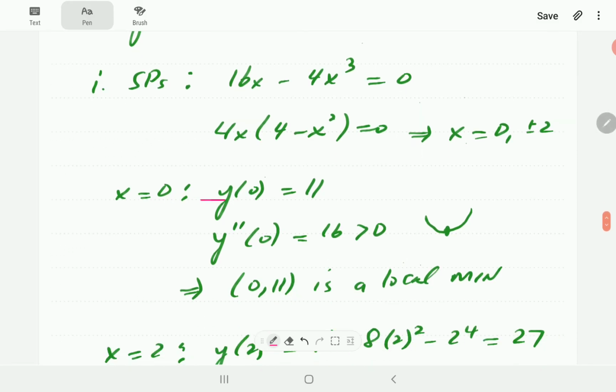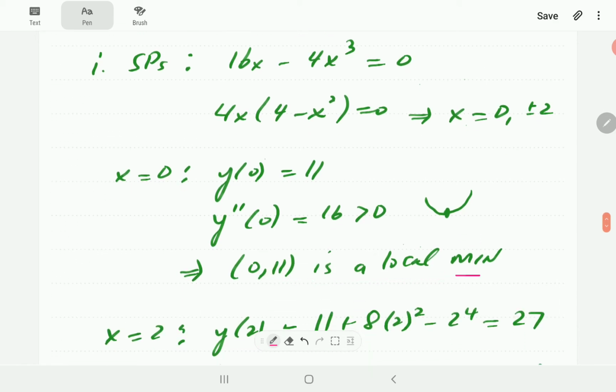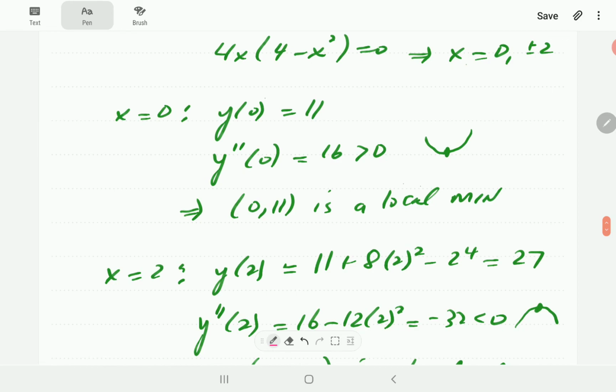When x is 0, y is 11, which coincides with the y-intercept. Then again, when x is 0, the second order derivative is going to be 16. Since this is positive, it tells us that the concavity is upwards. So (0, 11) is going to be a local minimum.